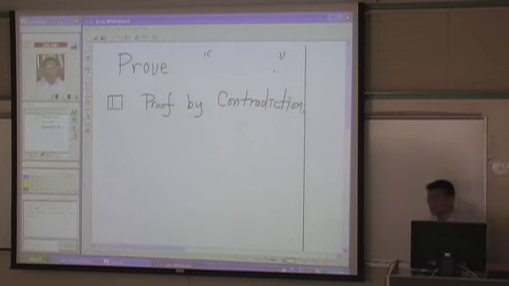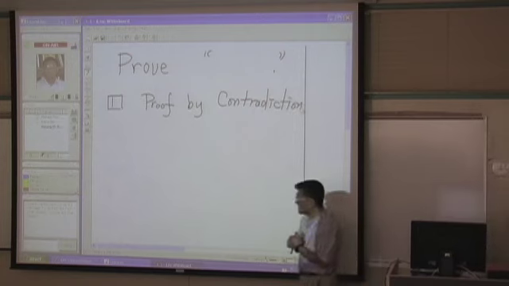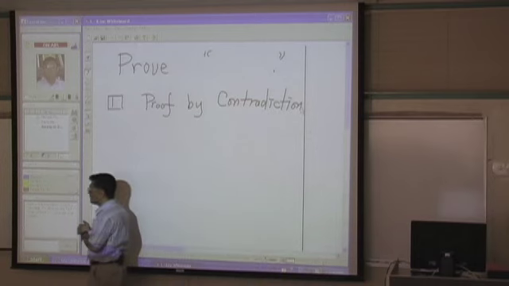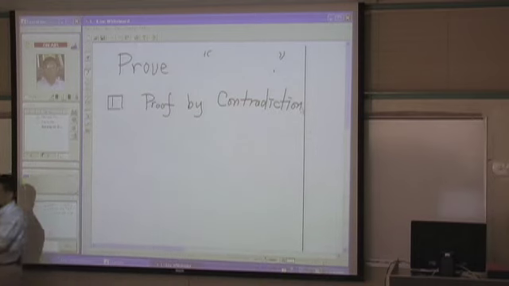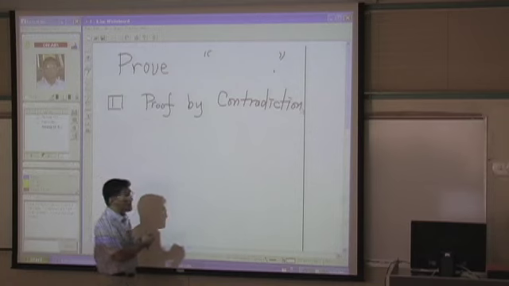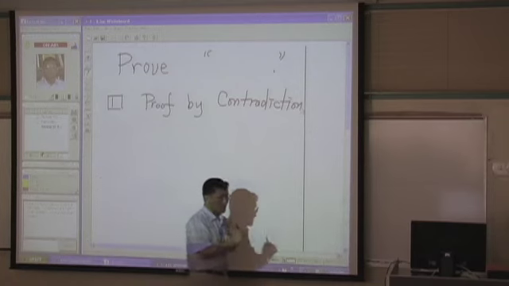We prove something by contradiction. Why? Because in many cases, a straightforward proof is almost impossible, very difficult to find. So instead of the straightforward way, we contradict the statement.